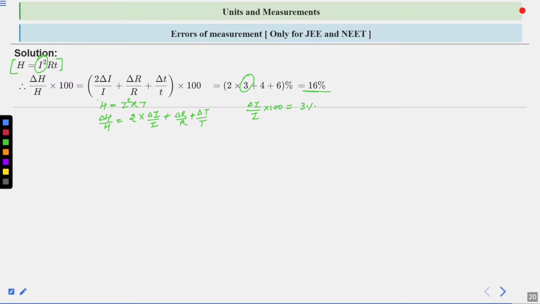Gaurangi, Naman, Sriram. So this is homework for you.